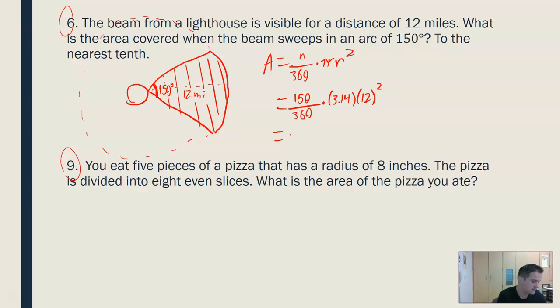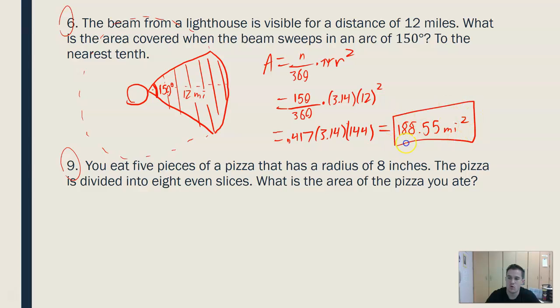Well, 150 divided by 360, that's 0.417, multiplied by 3.14, multiplied by 12 squared is 144. So in my handy-dandy calculator, 0.417 times 3.14 times 144 is 188.55 miles squared.